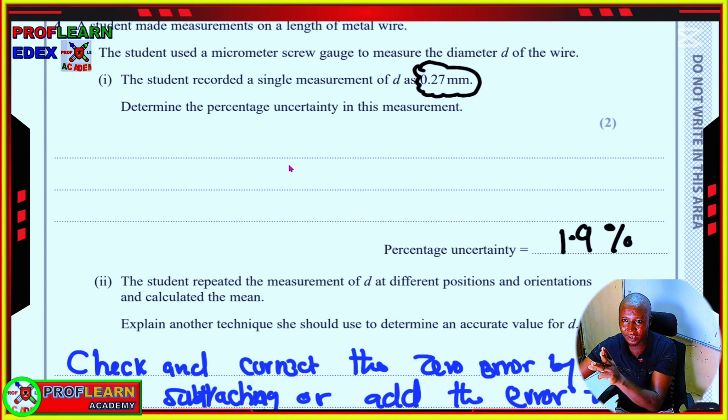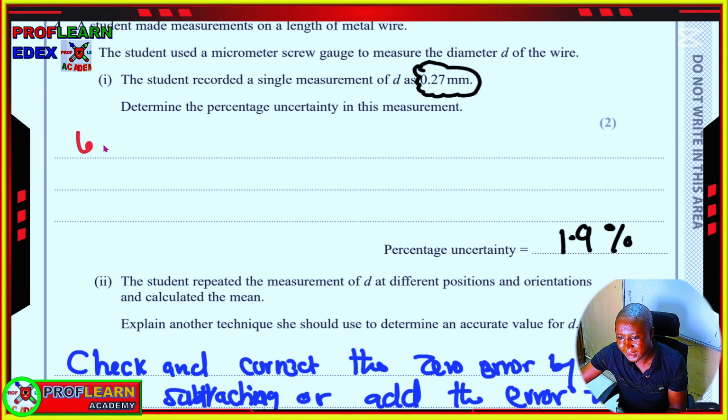In any physics unit 3 paper, you will have 2 scenarios where you are finding percentage uncertainty, and we have talked about the other one. Now let's look at this.